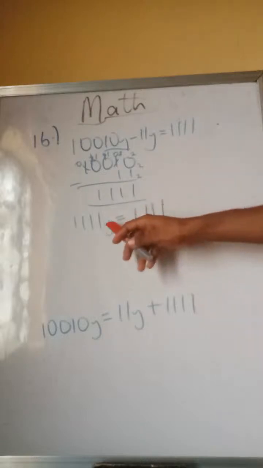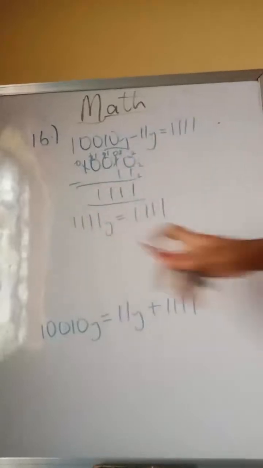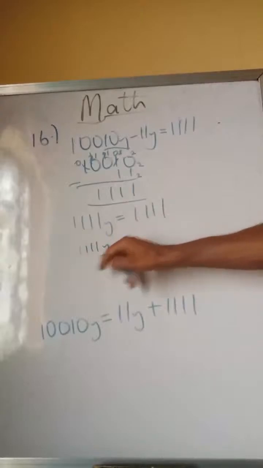Now the coefficient of y is what you have here, 1111. You divide through by the 1111.